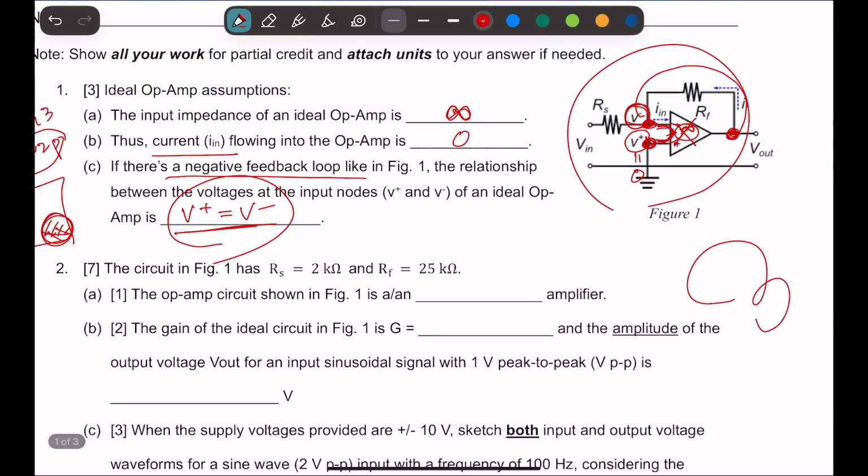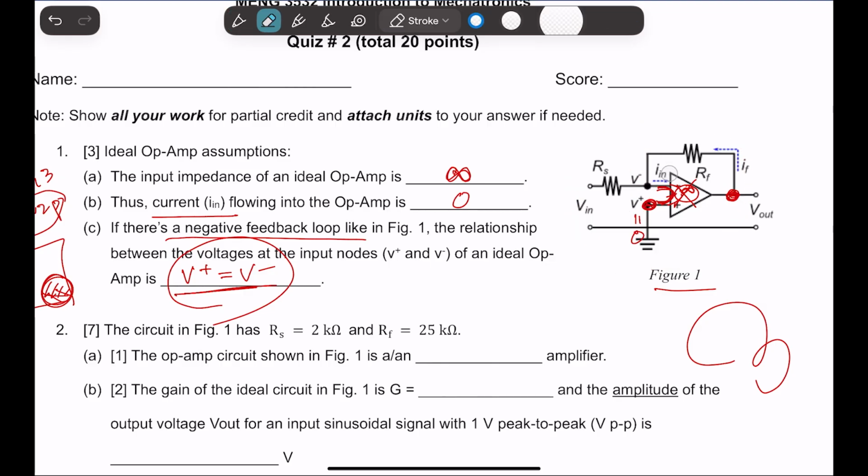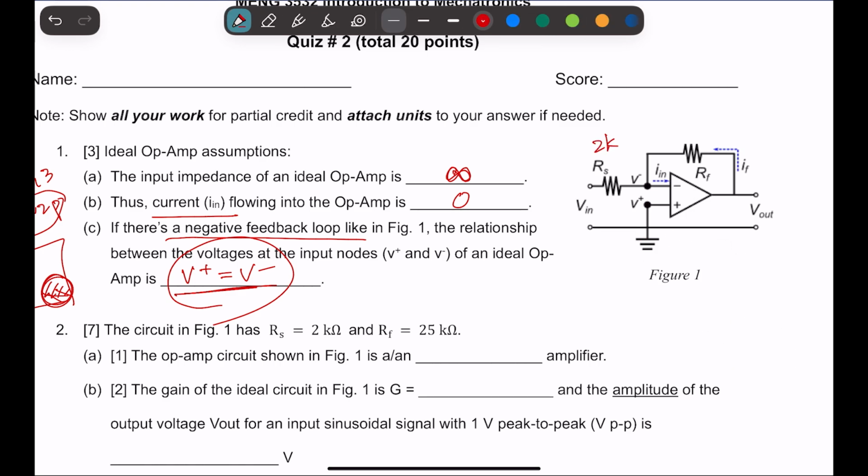From the circuit in figure number 1, we have RS is 2K and RF is 25K. So this is 2 kilo ohm and this is 25 kilo ohm.